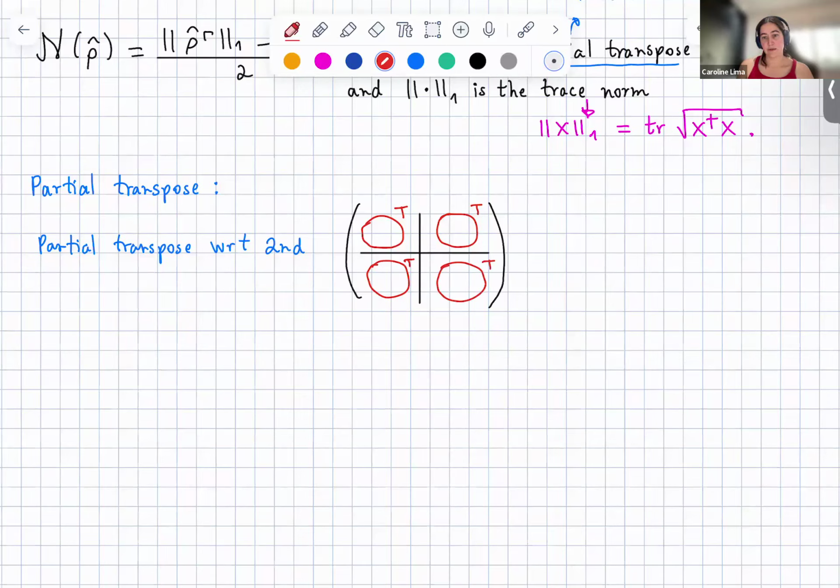Okay, that is equivalent to taking the partial transpose with respect to the second system. So basically we transpose within each of these blocks.